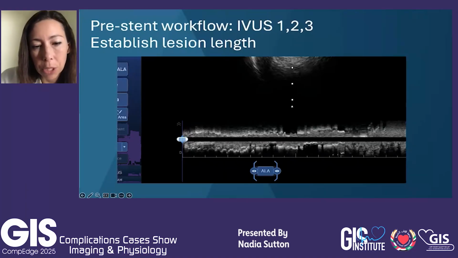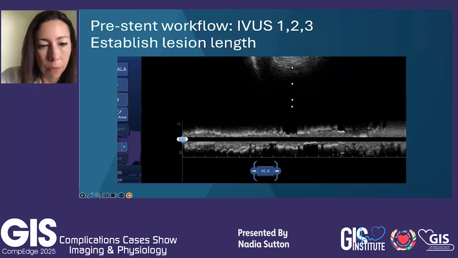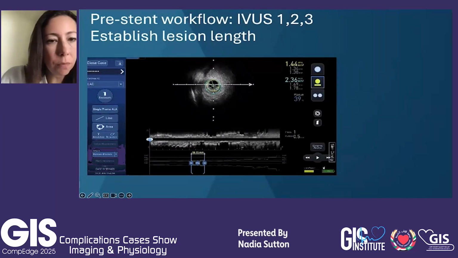And in this particular software example, we have these arrows that point either direction, and those can be dragged one way or another to define where our lesion length would be. And then we use that as our tool for identifying the stent length as well as the plaque morphology in that particular area. So in this example, we have a relatively short length of 10 millimeters.